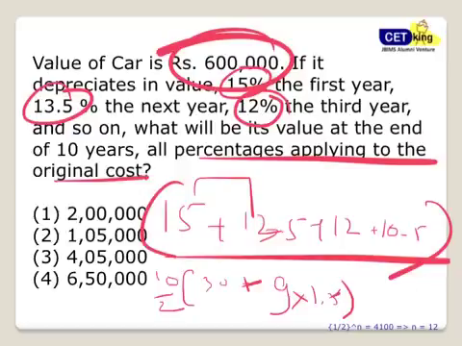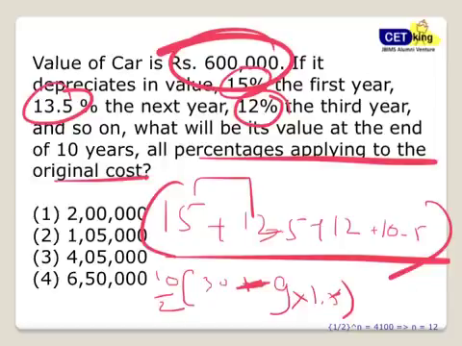Into 9, 13.5 plus 30. Sorry, reduce and minus 1.5. 30 minus 13.5. 13.5, 30 into 5.